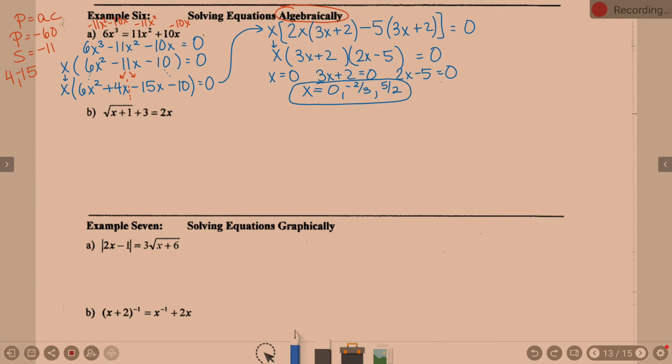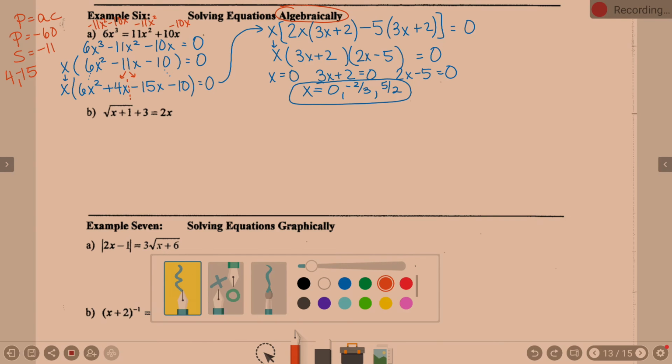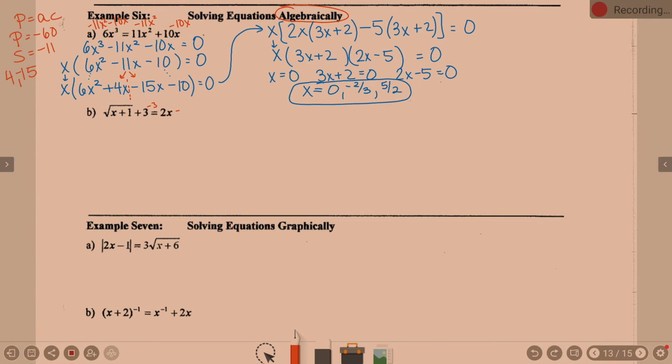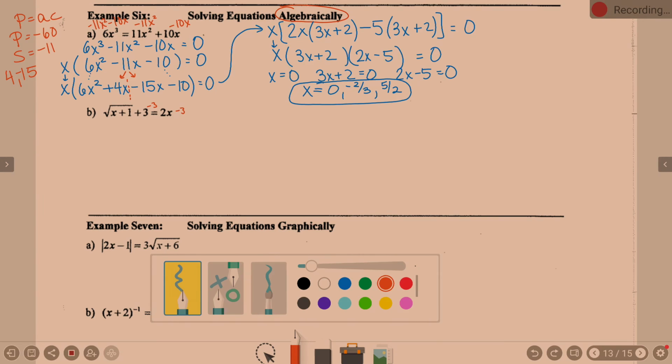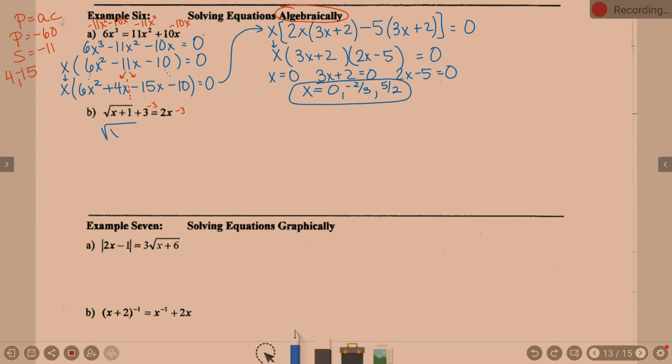So in this case, to get this radical by itself, since it's square root of x plus 1 plus 3, I'm going to subtract 3. So now, I have square root of x plus 1 equals 2x minus 3. Now I have the radical by itself.